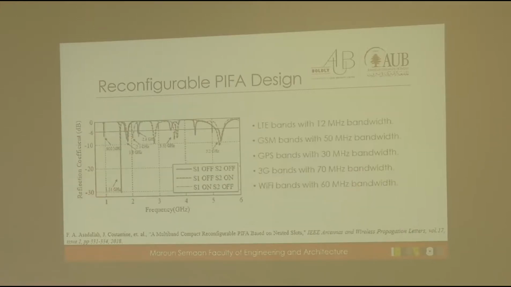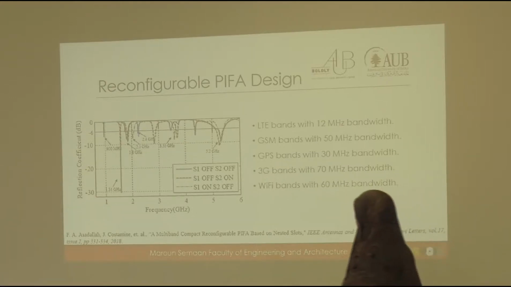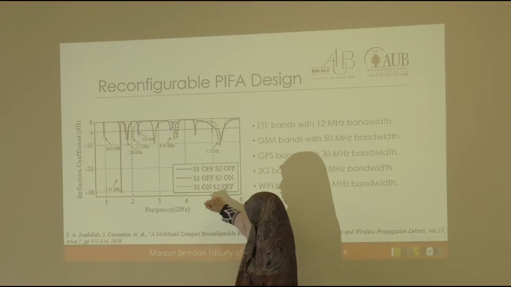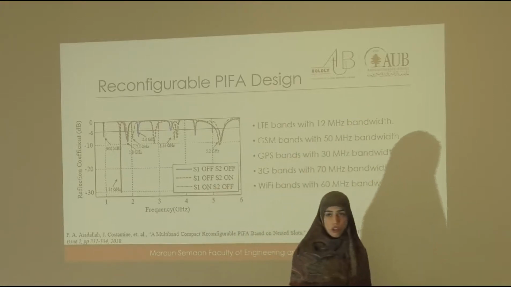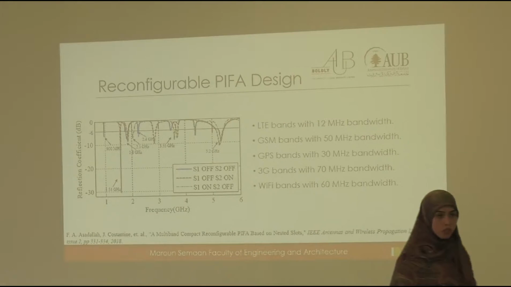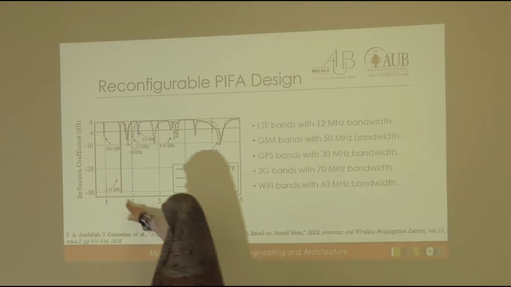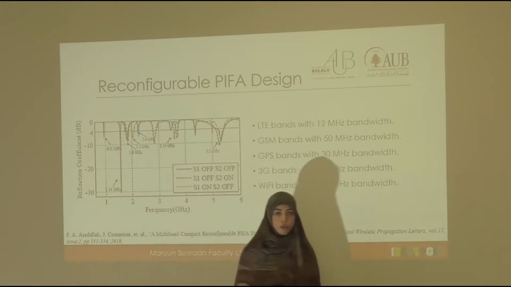So for example, if we have a look at this reflection coefficient plot, if S1 is off and S2 is on, so the first switch is off and the second switch is operating, we'll have a resonance at 1.54 gigahertz, the red curve, for GPS.